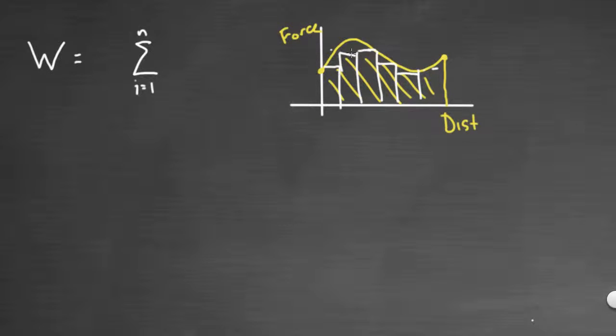The height of each rectangle depends on the force function. So it would be the force at a given x value, x sub i star, in the ith subinterval, times the width of the given rectangle. Now this would approximate the work done.